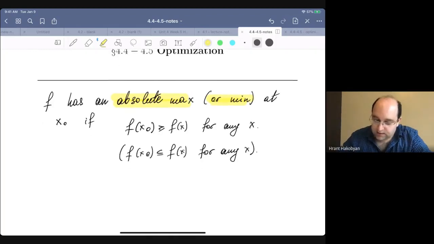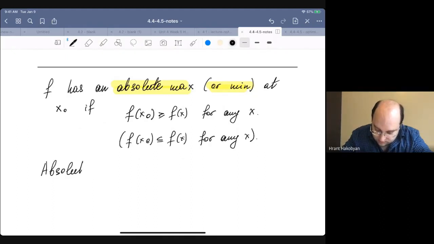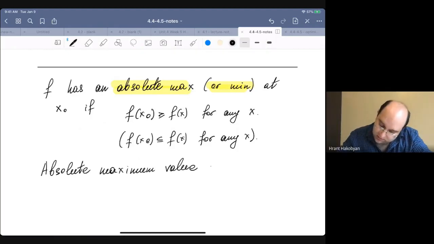Okay, and so sometimes what we're really interested in is finding the maximum value or minimum value of something. So the absolute maximum value is that number there, f of x naught, right?